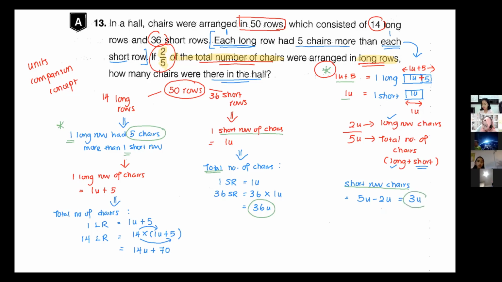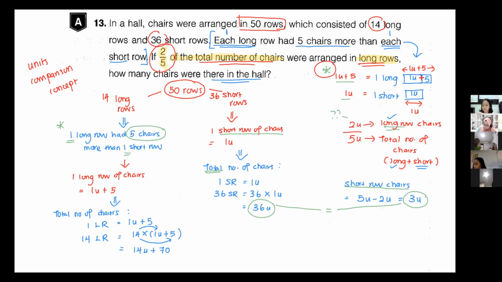Here, they're trying to say it is 3 units. So I can conclude that these are the same. This is where we are comparing the units. The unit comparison comes here. So if I know my 3 units is 36 short row chairs, I can go on and find my 2 units, my long row chairs.